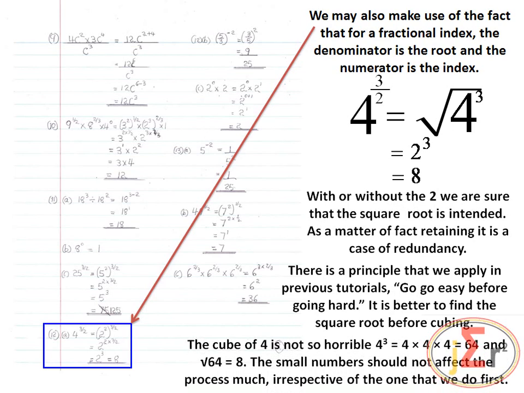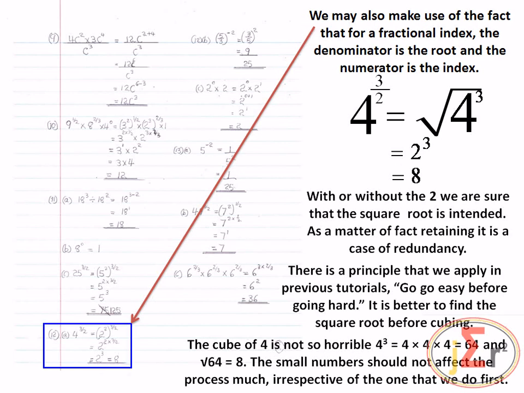The cube of 4 is not so horrible. 4 cubed is equal to 4 times 4 times 4, which is equal to 64. So in this particular case, it might not have mattered seriously which one we do first, because if we cube 4, we get only 64, and the square root of 64 is 8.